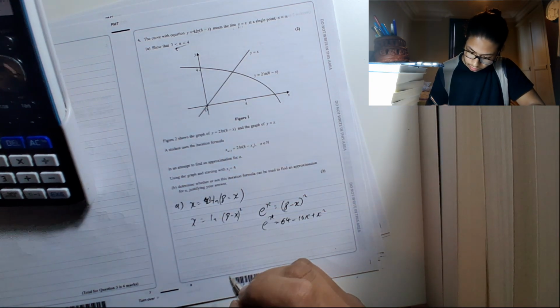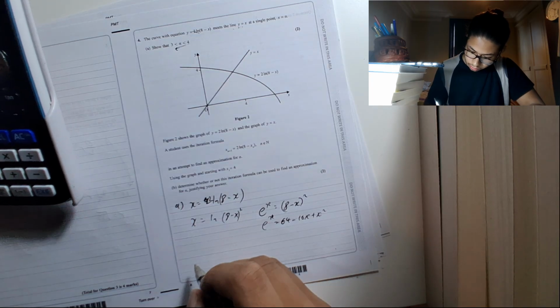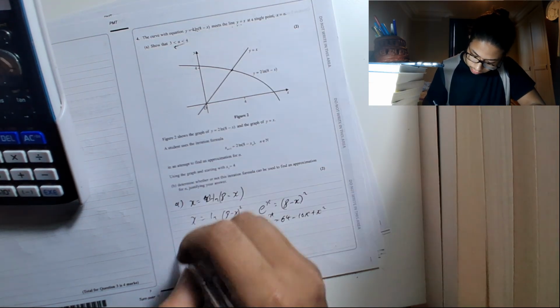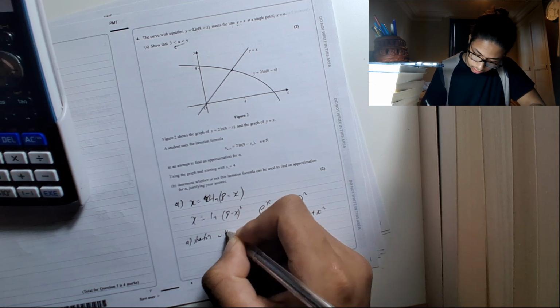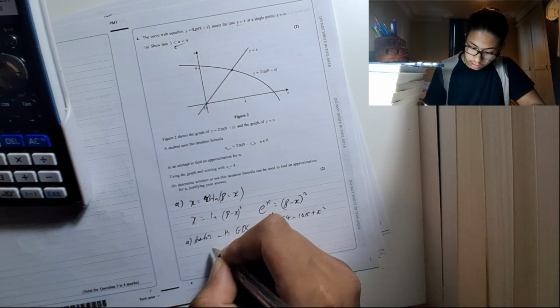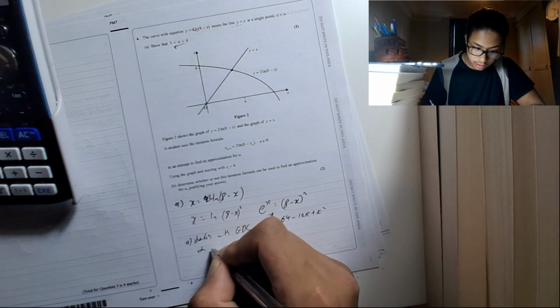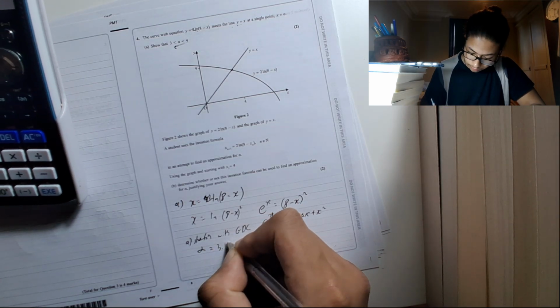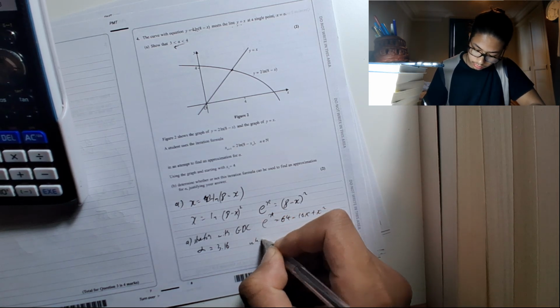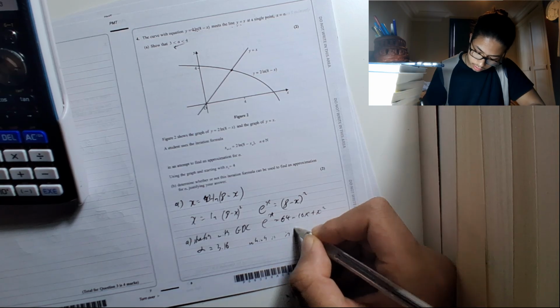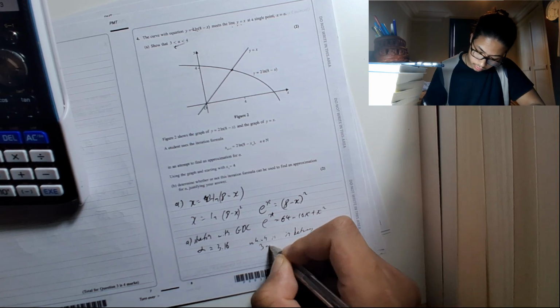They have the sketch already, so I'll just say sketch with GDC, because I don't know if the A-level mark scheme will give this. Alpha is 3.12, obviously 3 SF, which is in between 3 and 4.